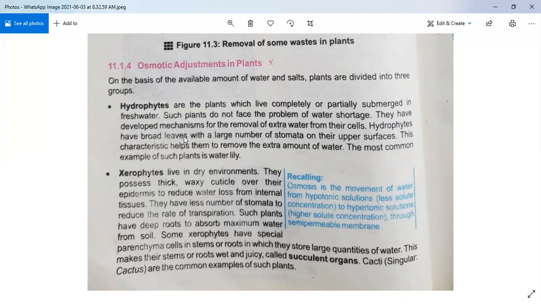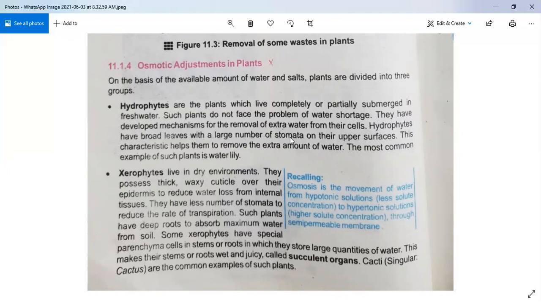Hydrophytes have broad leaves. Underline in your book: the hydrophyte plants have broad leaves with a large number of stomata. Stomata are present in all leaves, but the plants which live in water have broad leaves. Why? Because they produce a large number of stomata.